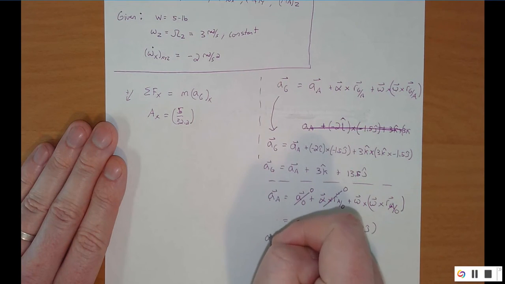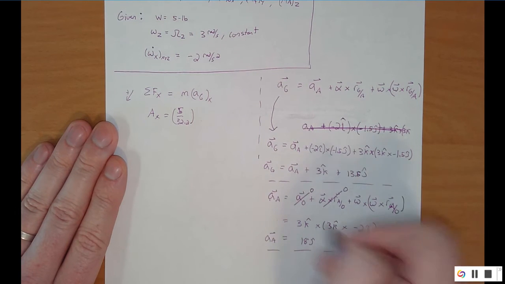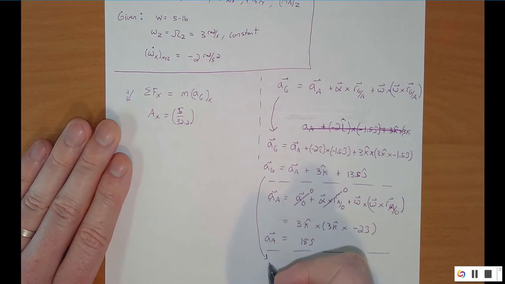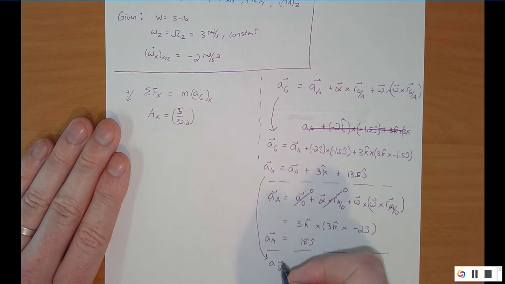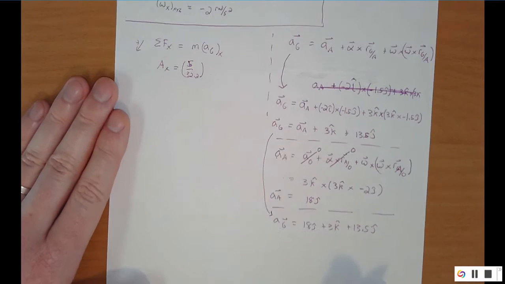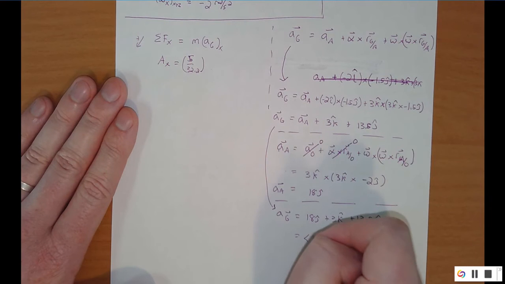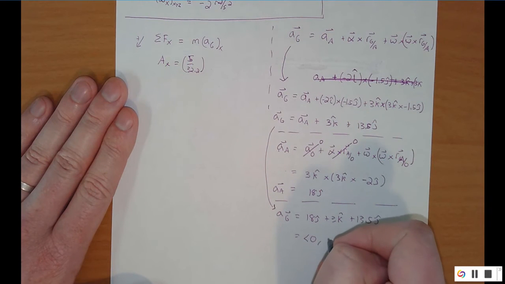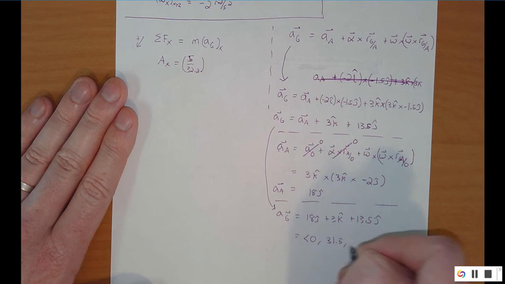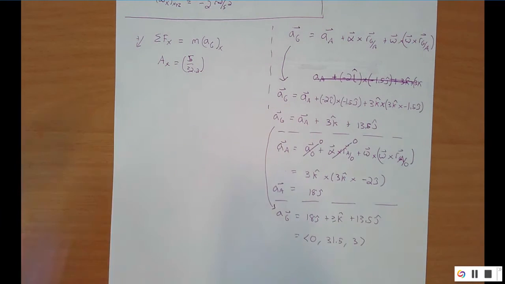Alright, so we bring this back down. And so a_G then becomes 18 j hat plus 3 k hat plus 13.5 j hat, for a total of 0, 31.5, and 3. That is our acceleration of the center of gravity.